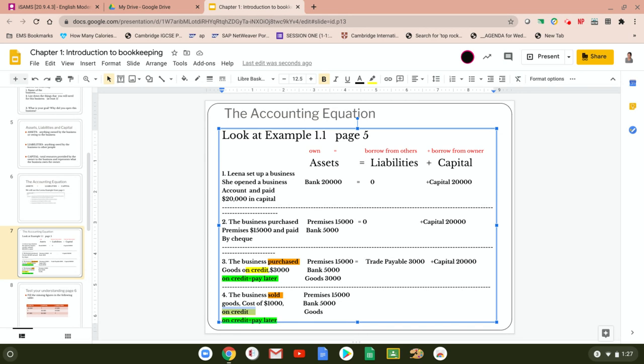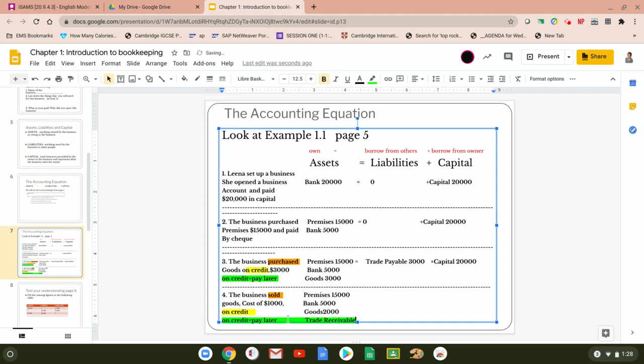So in short, you did not receive any cash at all as of this point. The goods now decreased from 3,000 to only 2,000, right? But you are now going to collect money from your customer because you sold goods on credit. You call it trade receivable.